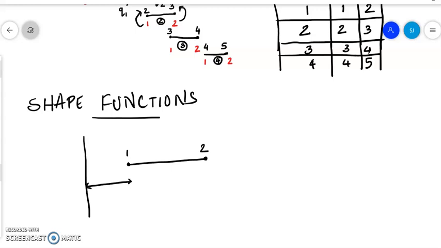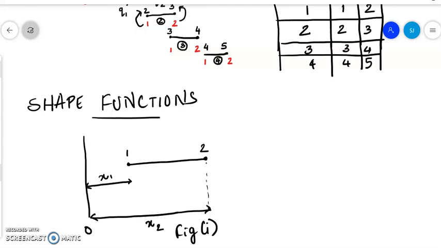This is x1, this corresponds to x2. This is a 0 line, and this is figure 1. Let's call this figure 1.